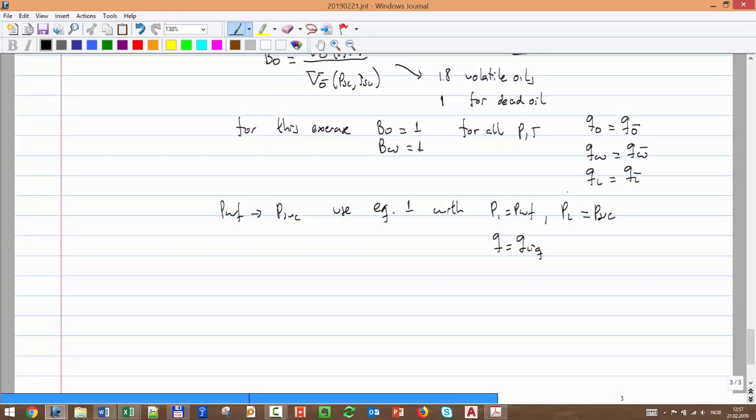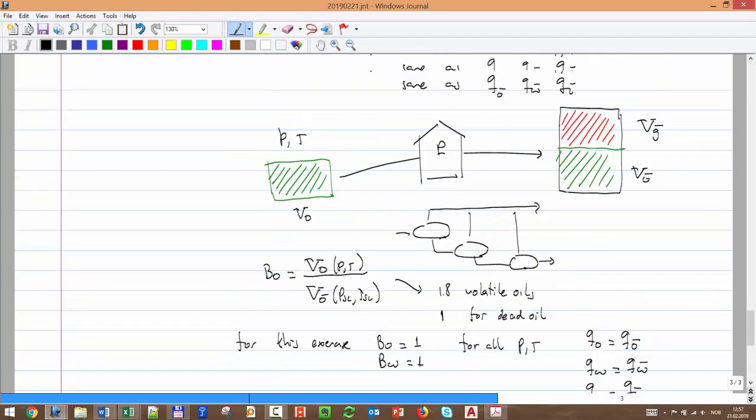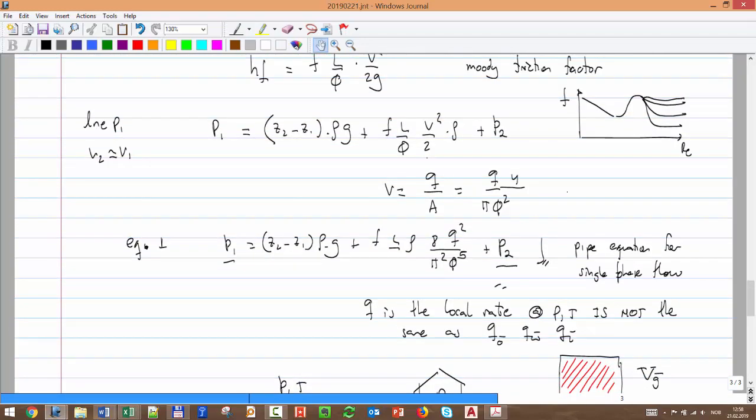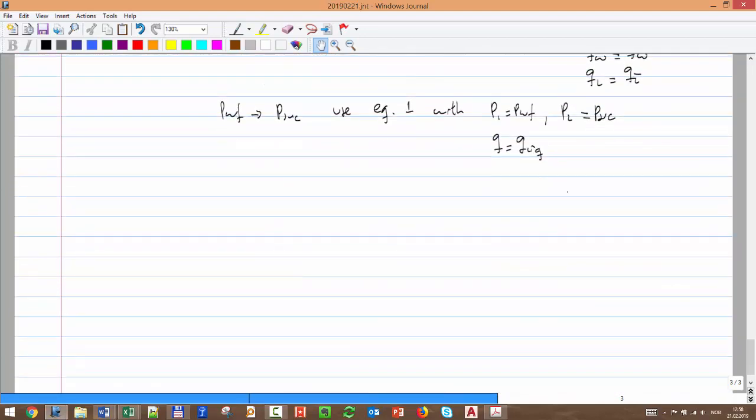Now, we need the density, okay, and we also need the viscosity. What do we need the viscosity for? The Reynolds number, right? We need the viscosity for the Reynolds number. So for the density, we're going to use the density of the mixture. That is something typically used in multi-phase flow.